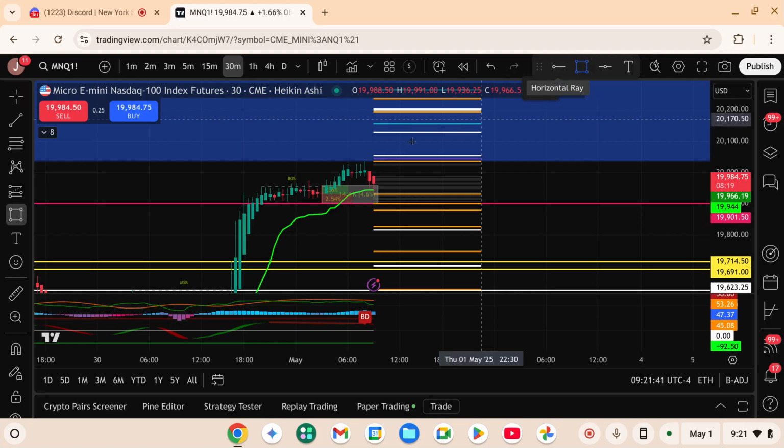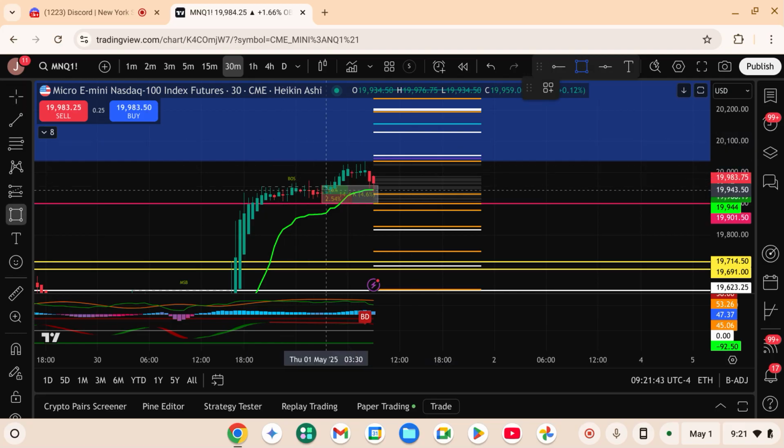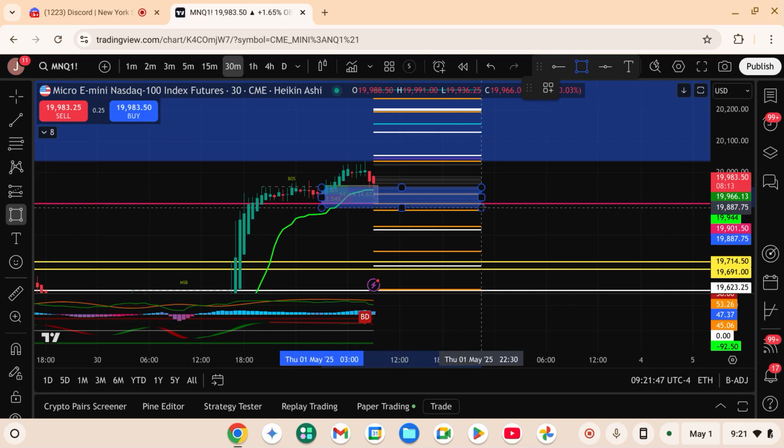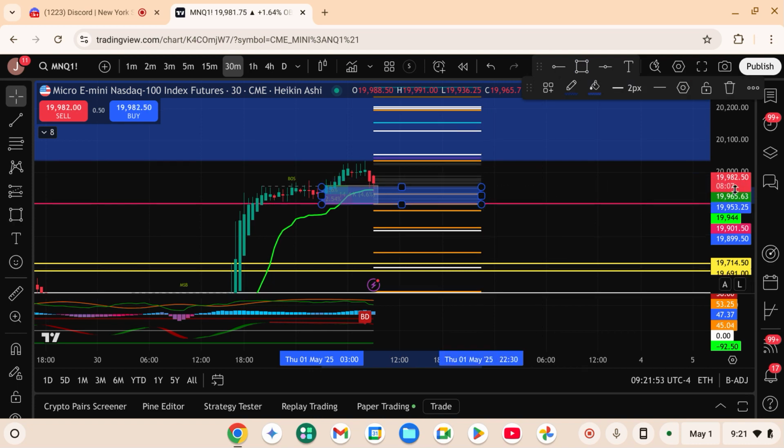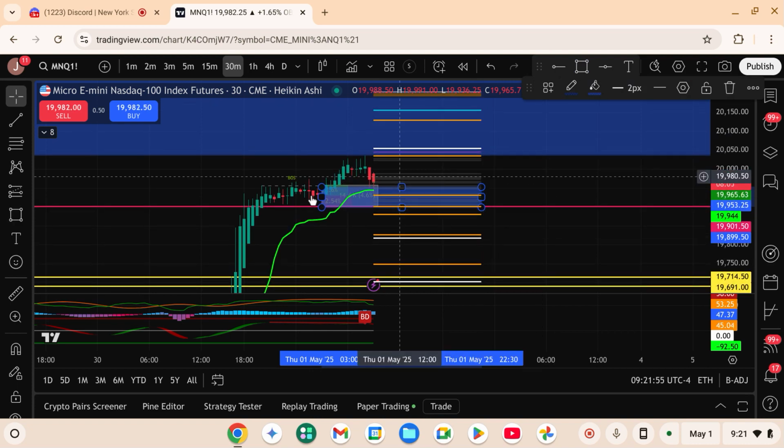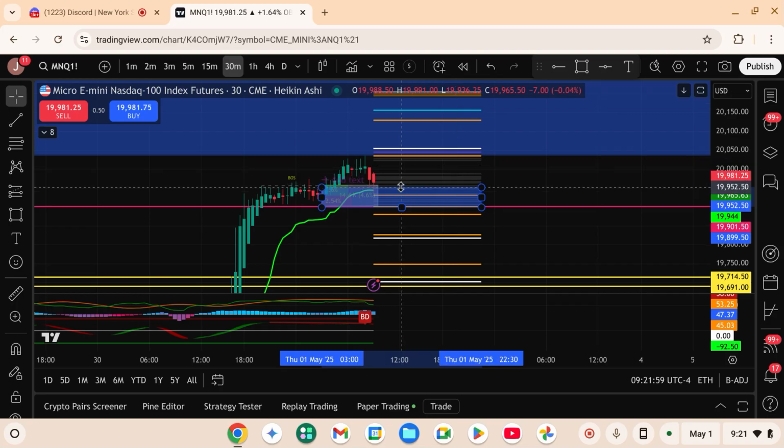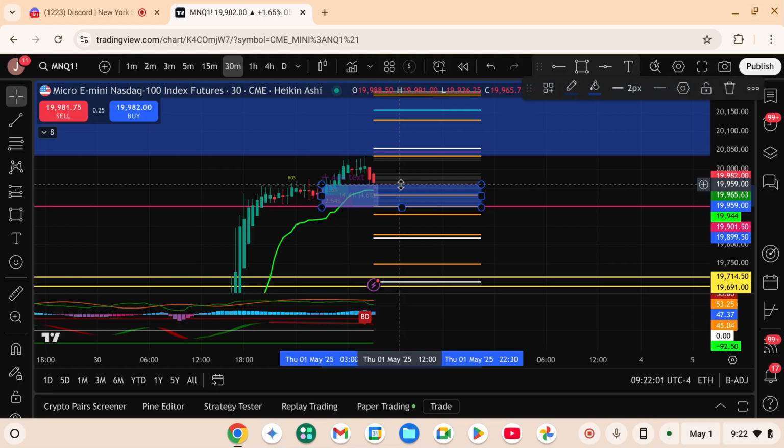We'll put a rectangle across this, so make sure we get that low. So we got London's low and this order block right there.